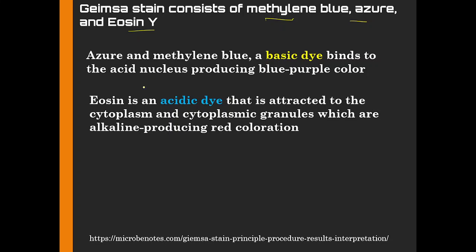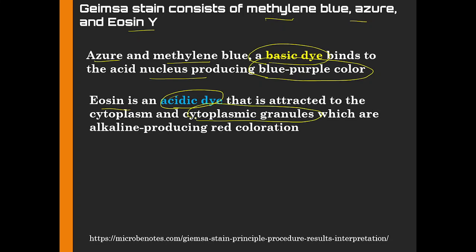Now the components of Giemsa, the azure and the methylene blue, which are basic dyes, bind to the nucleus and produce a blue-purple color. However, the eosin component is an acidic dye, and it basically stains the cytoplasmic granules.